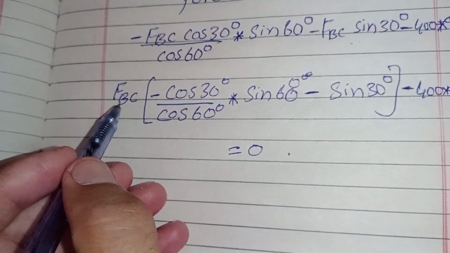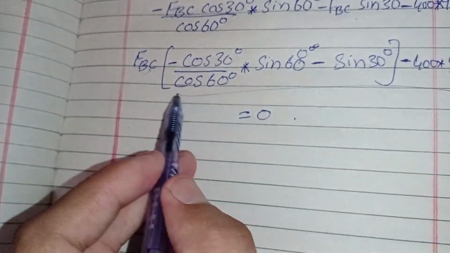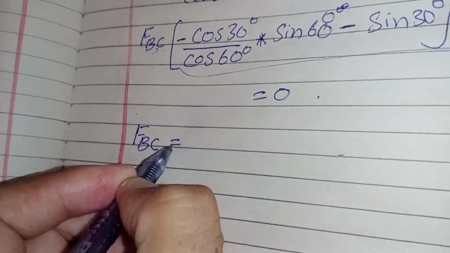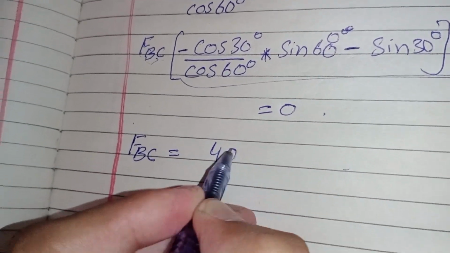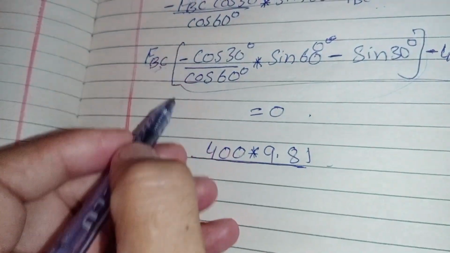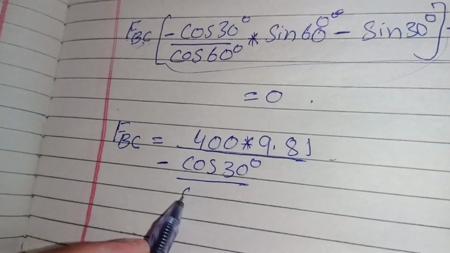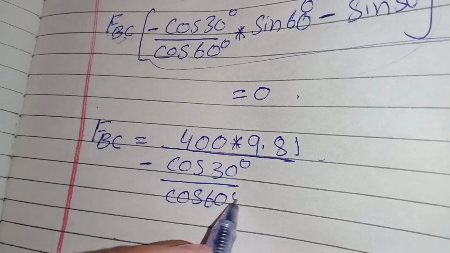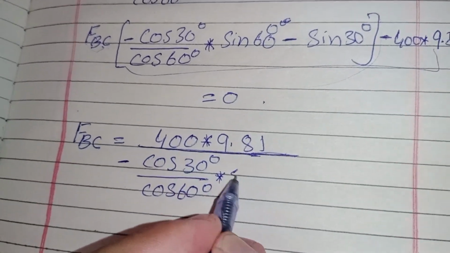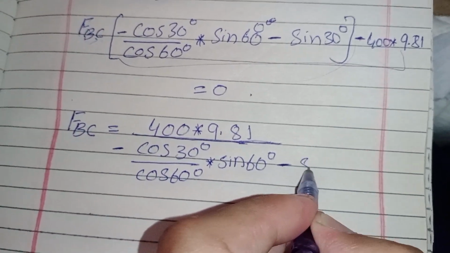Okay, if you leave the force in member BC on the left side and move all these components to the right side, the force in member BC equals 400 multiplied by 9.81 divided by negative cos 30 degree divided by cos 60 degree into sin 60 degree, minus negative sin 30 degree.